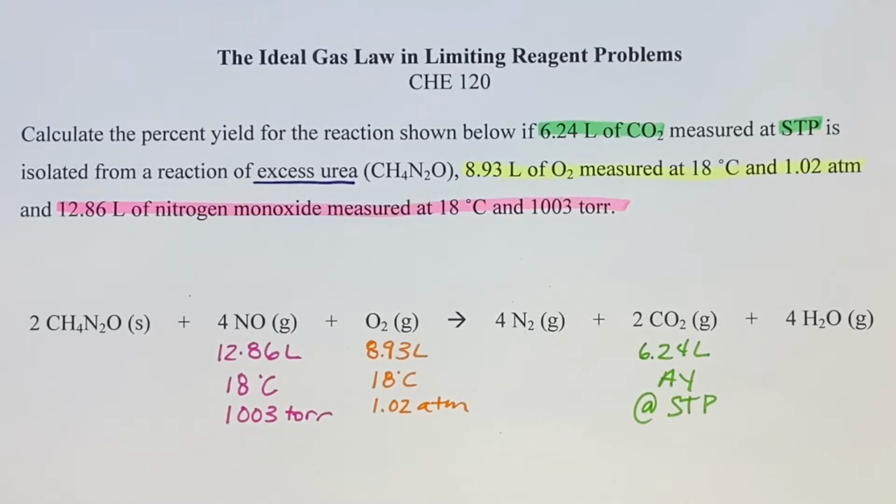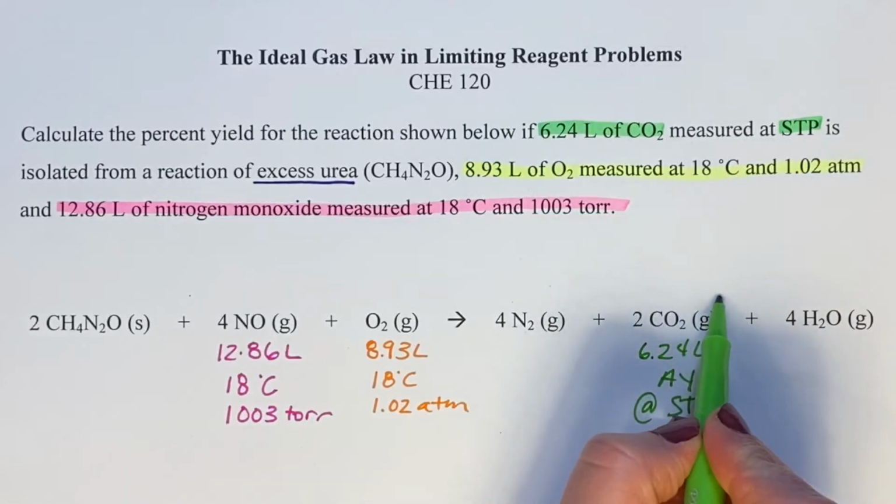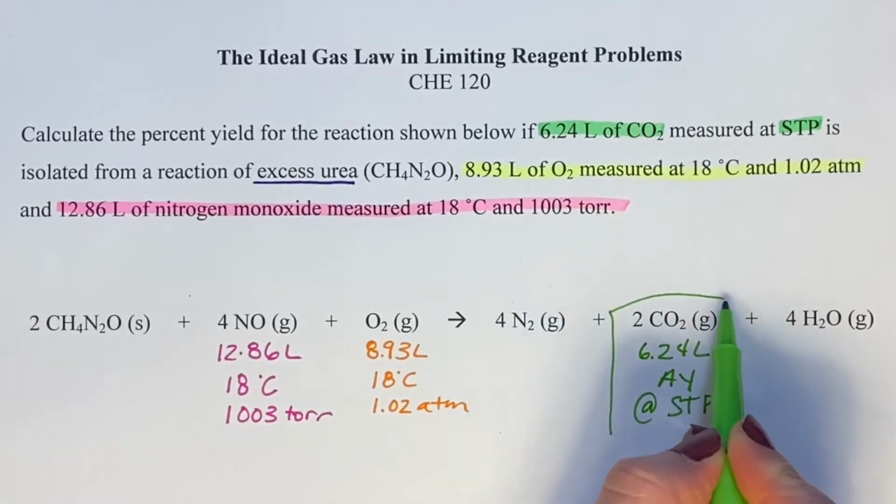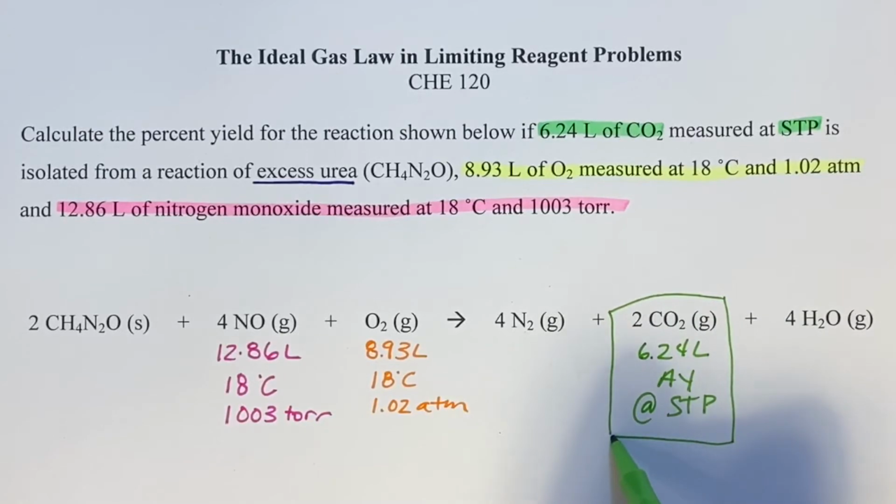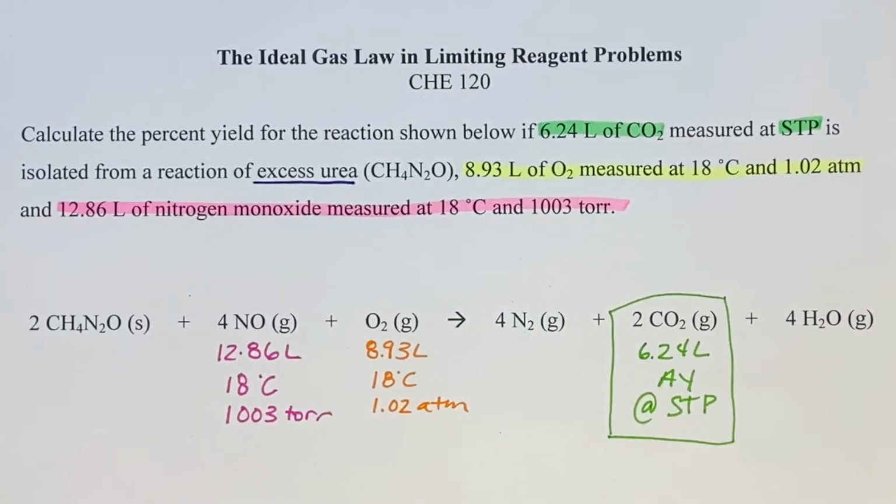The information that I'm going to be trying to calculate as I go throughout the problem is the relationship between my starting materials and the carbon dioxide. Carbon dioxide is my product of interest in this reaction. As I look at the overall balanced chemical equation, I see that 2 moles of urea plus 4 moles of nitrogen monoxide plus 1 mole of oxygen yields 4 moles of nitrogen gas, 2 moles of carbon dioxide, and 4 moles of water.